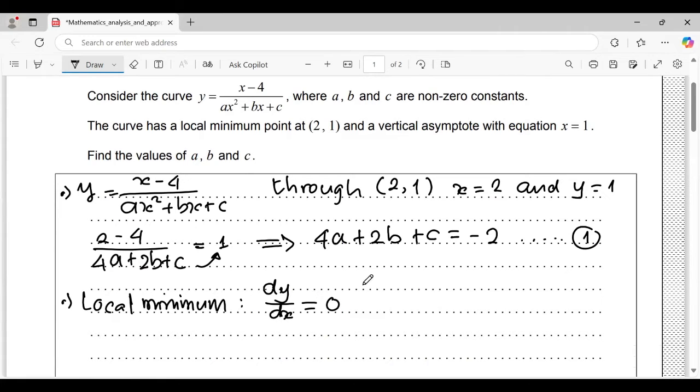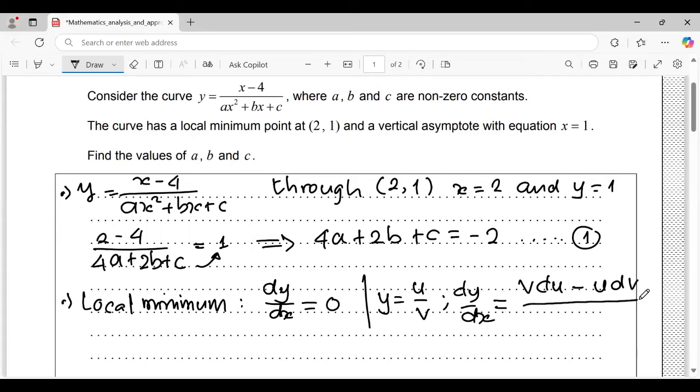If y equals u over v, it means dy/dx equals v du minus u dv over v squared. Based on this rule, we can determine dy/dx, the derivative of this function.